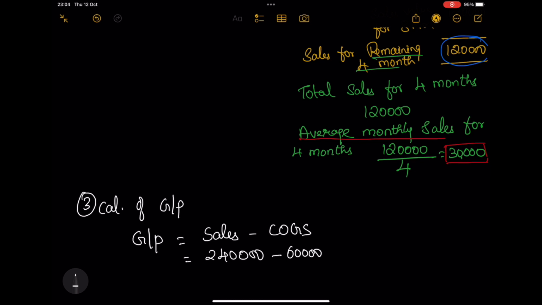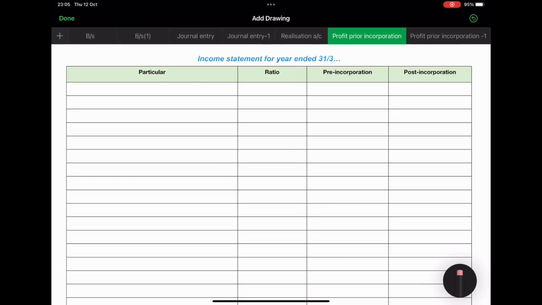Got it? So 2,40,000 minus 60,000 is 1,80,000. So gross profit has been calculated. Got it? Very simple problem. We'll move on to solution E now.